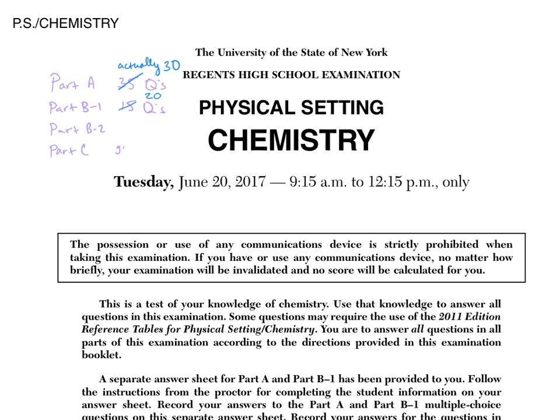So Part C is more of grouped free response. Part B2 is kind of like various free response questions. They're not necessarily grouped together by topic. They're more like here and there, whatever questions. And we're going to start with Part A on the next slide.